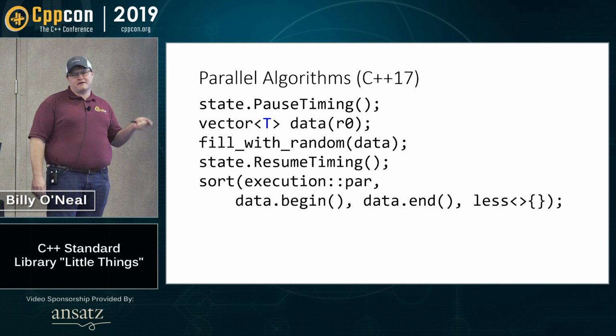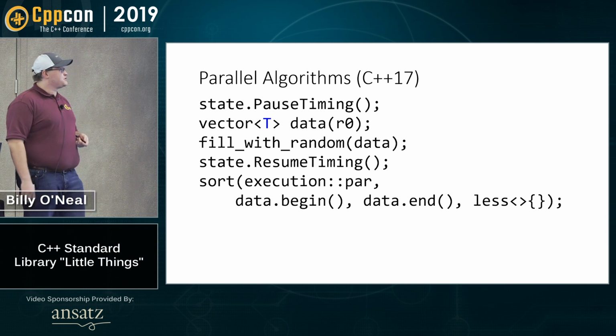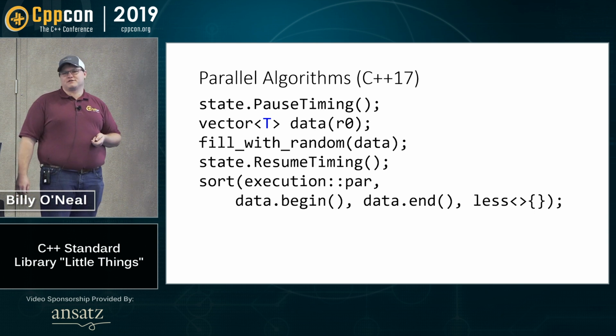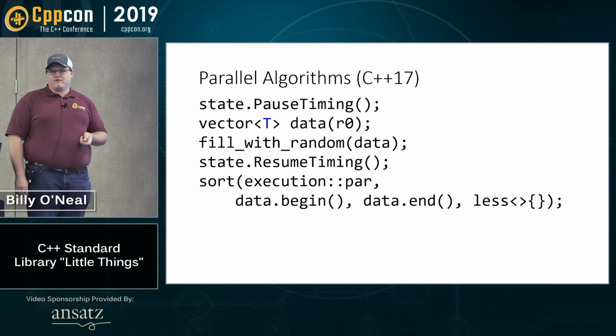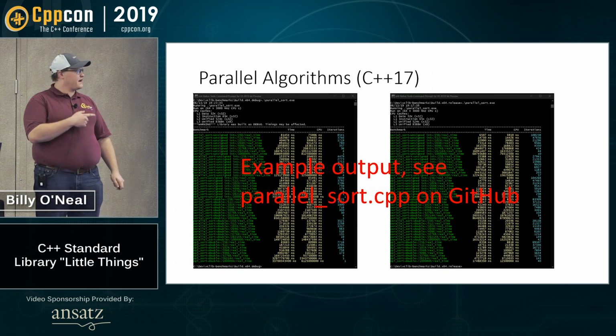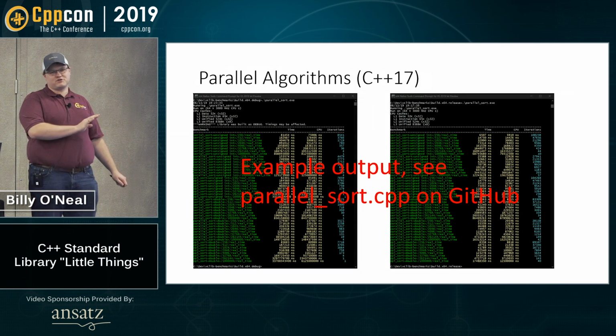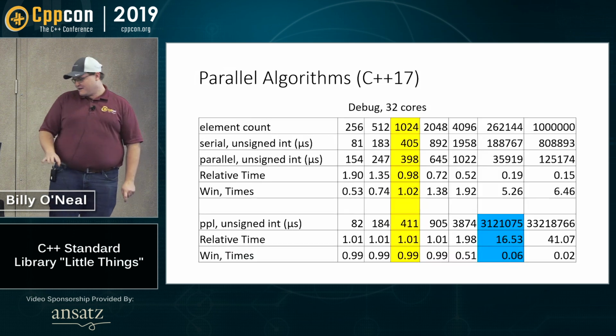So to demonstrate, I have an example benchmark program that just takes a vector, fills it with random garbage, and then times how long it takes to sort that. And if you run this program, let's see here. I've included this program in the GitHub repo, and those numbers are way too tiny for anybody to read, and that's not the problem.